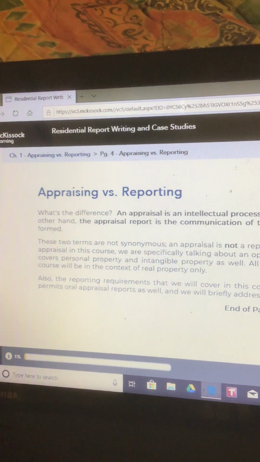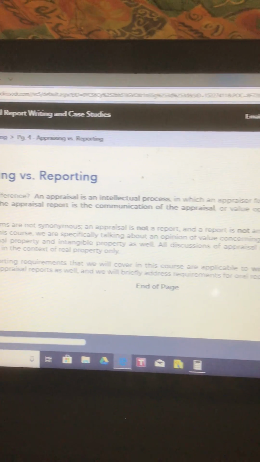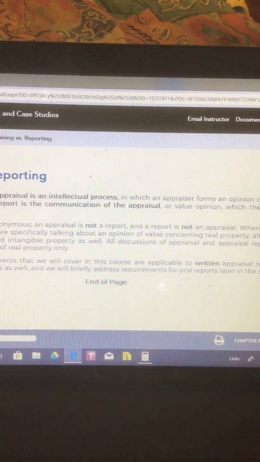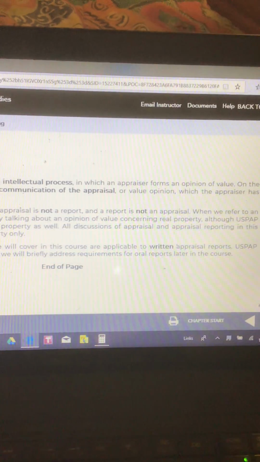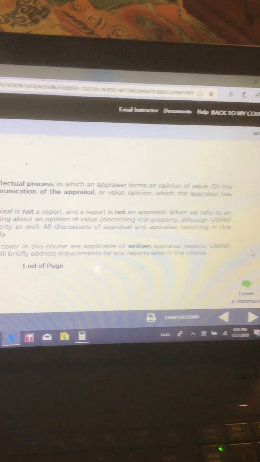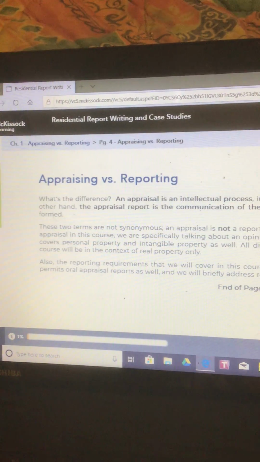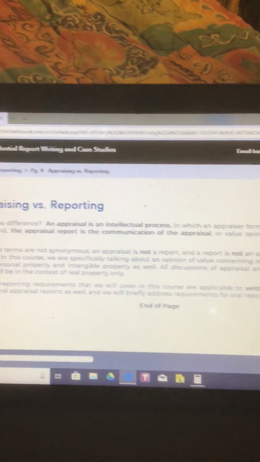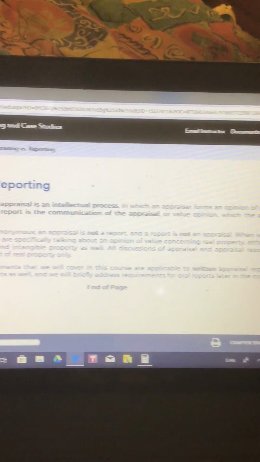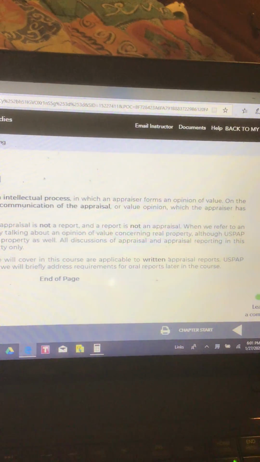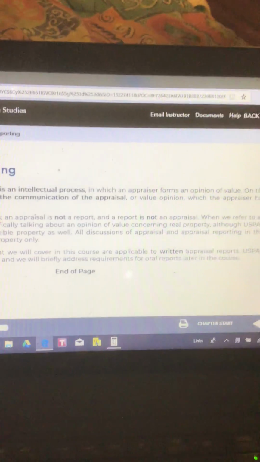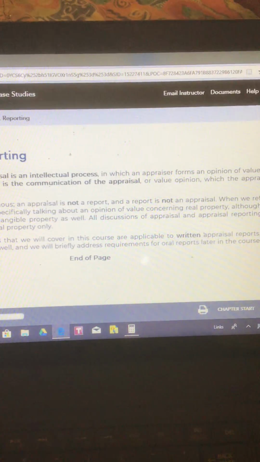Also, the reporting requirements that we will cover in this course are applicable to written appraisal reports. USPAP permits oral appraisal reports as well, and we will briefly address requirements for oral reports later in this course. End of page.